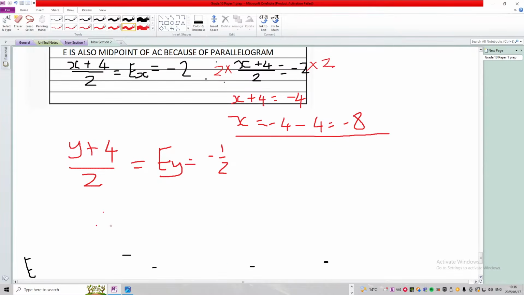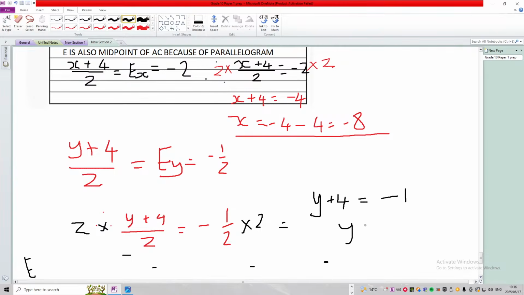So now I have this equation: y plus 4 divided by 2 equals minus a half. I'm going to multiply both sides by 2. That's y plus 4 equals minus 1. Minus 1 minus 4, take it over, y equals minus 5.